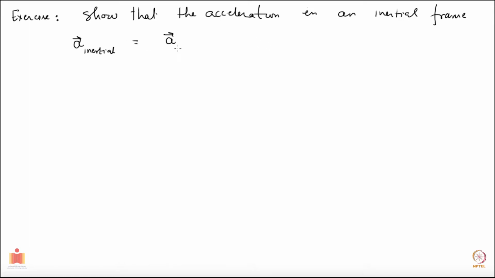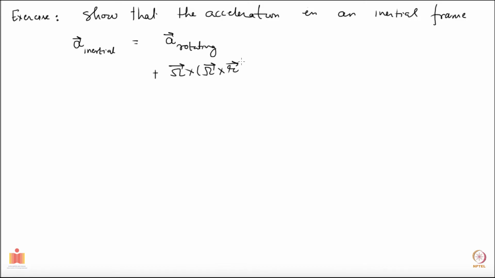It will have one term which will equal the acceleration of that particle as viewed from the rotating frame, plus some more pieces. One is omega cross omega cross r.